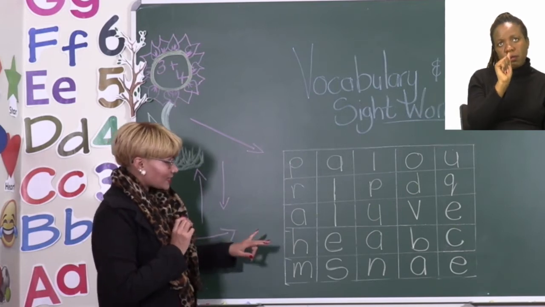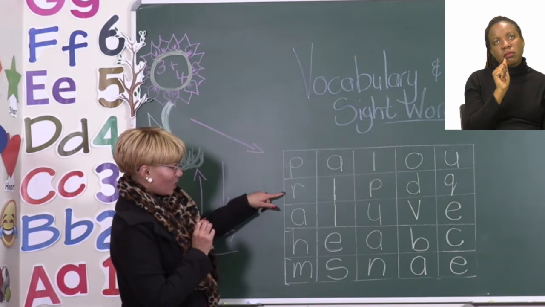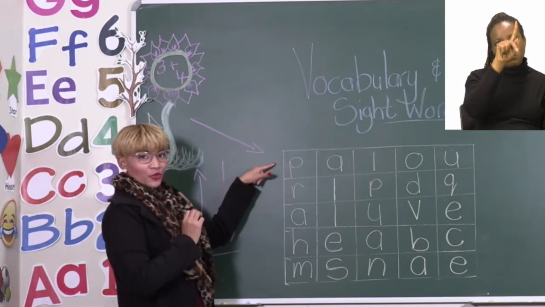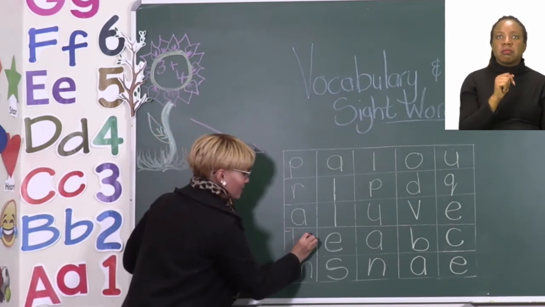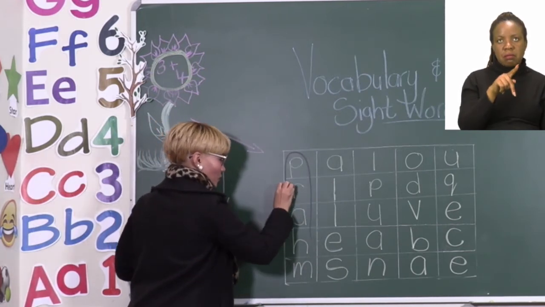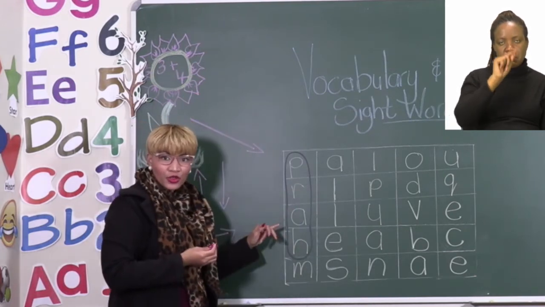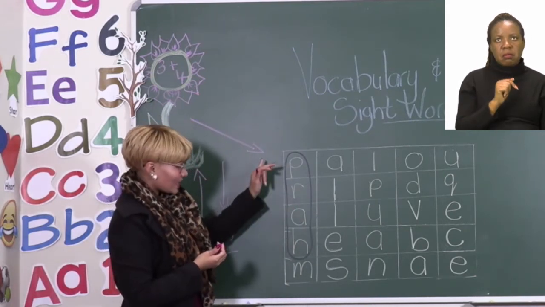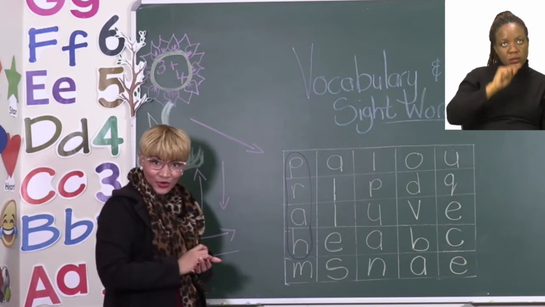On top of the letter H, we have the letter A. Then we have an R, and then we have the letter P. So over here, we have the first word, which is the word harp. Once you found the word, you must then circle the word to show that you have found it.